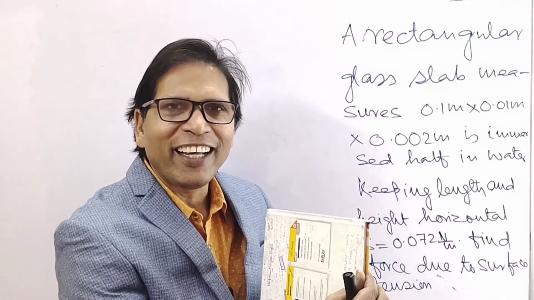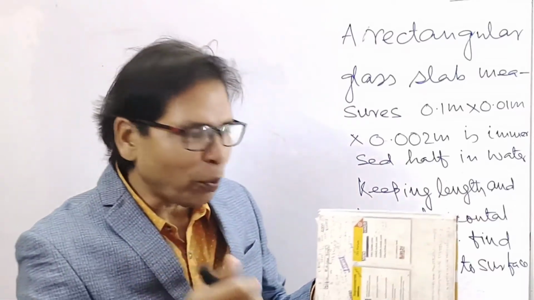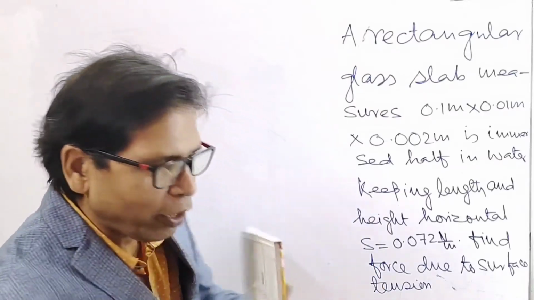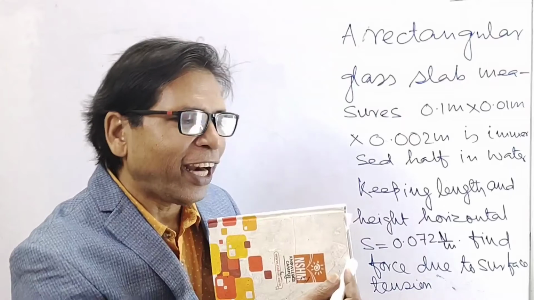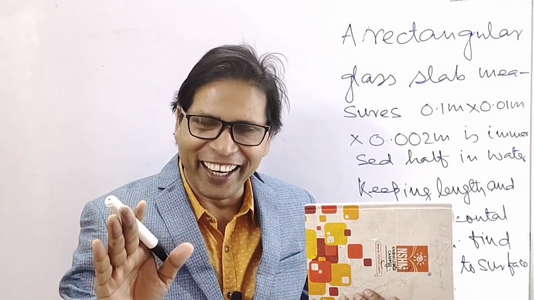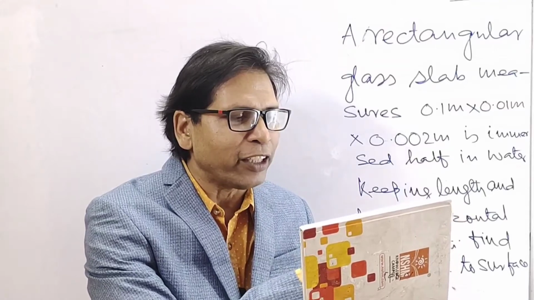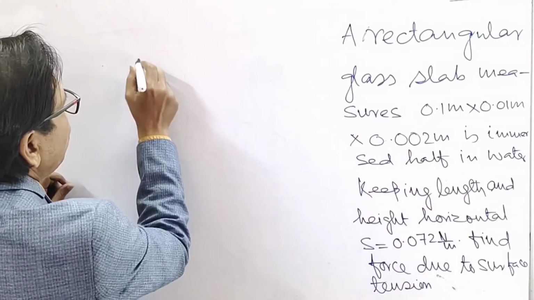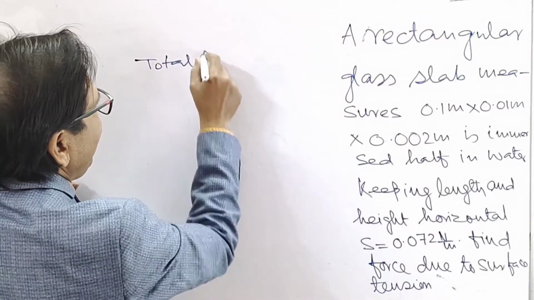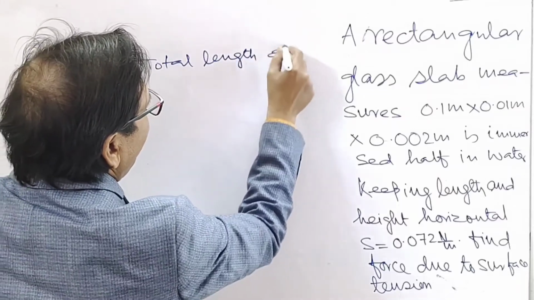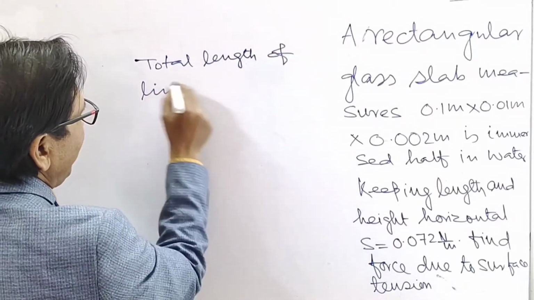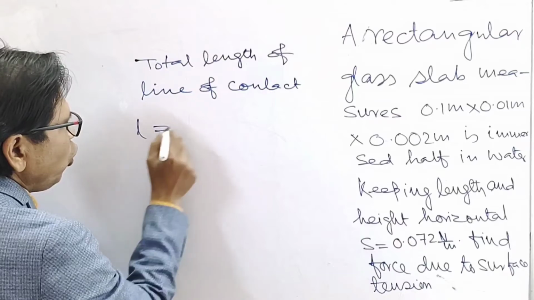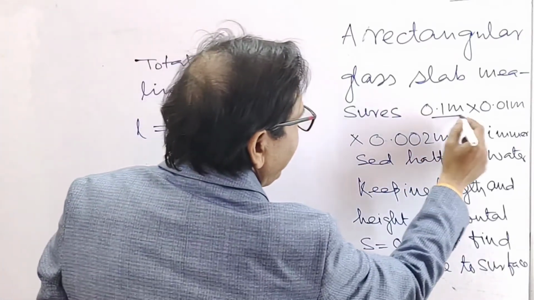So these are horizontal. Now what is the length of line of contact? This is the length of line of contact, and this is the length of line of contact. So the total length of line of contact is 2 into length plus 2 into height. Understood? So total length of line of contact equals 2 into length, which is 0.1, plus height, which is 0.002.